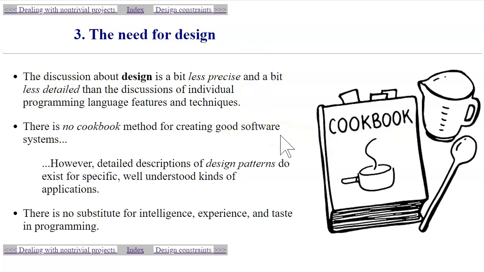And there is no universal cookbook for any project. Obviously, things become a little easier with more experience, but ultimately there is a set of rules, good practices that you need to follow in order to get ready for your next project's programming phase. So there is no substitute for intelligence, experience, and taste in programming, that's for sure.